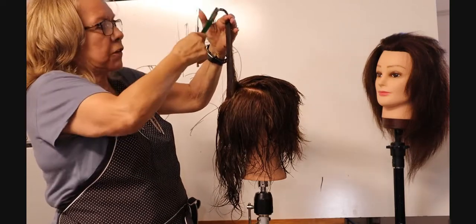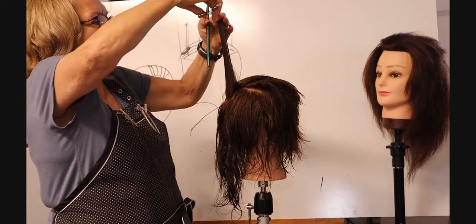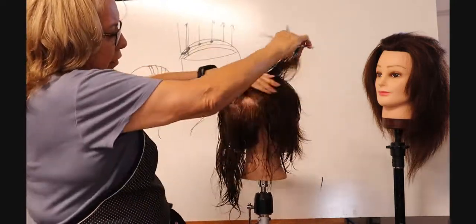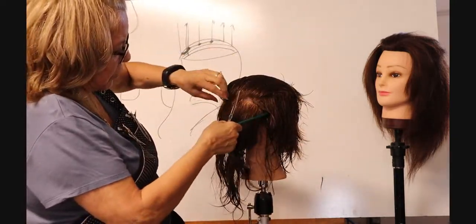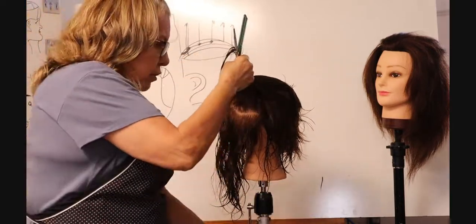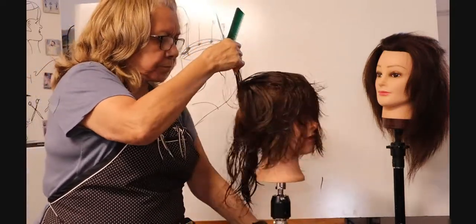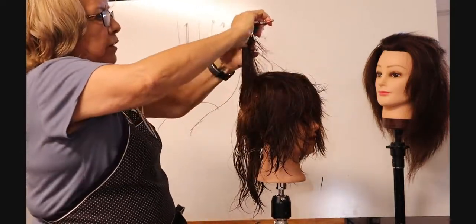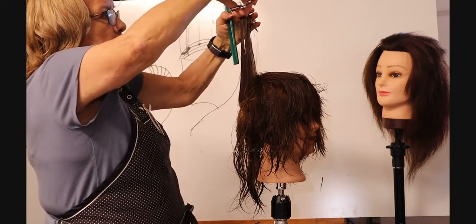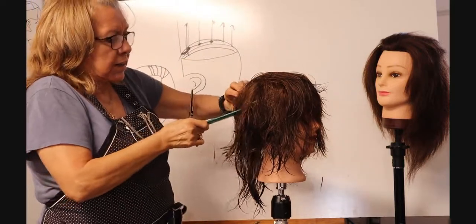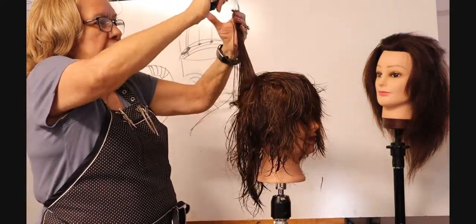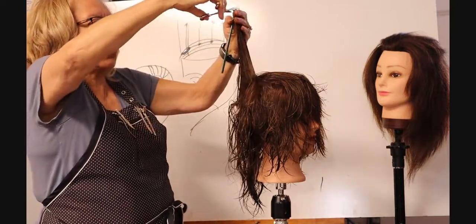Now I'm at the center, definitely center crown. All right, so I can pull that hair up too and get it out of the way if I want to. All right, so I'm going to take this again. Let me turn her around so you can see what I'm doing. Bring it straight up, that angle, and again I'm traveling around the head form in the exact same way that I did when we were cutting it at the bottom.